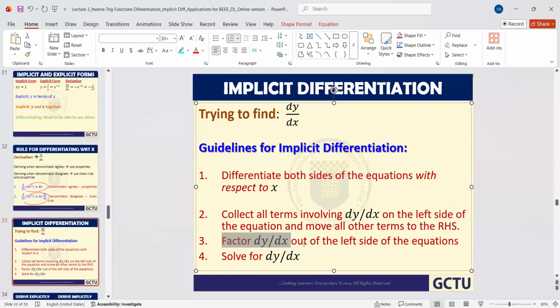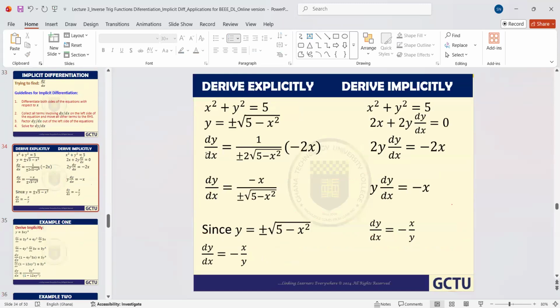Then factor dy dx out of the left-hand side of the equation and then solve. So implicit: differentiate left-hand side and right-hand side, then group all like terms together, then factor out dy dx and then solve for that. Okay, so let's take an example.